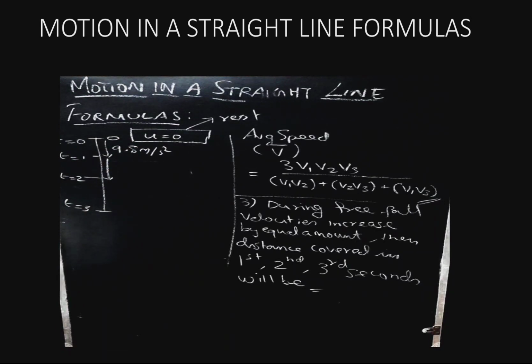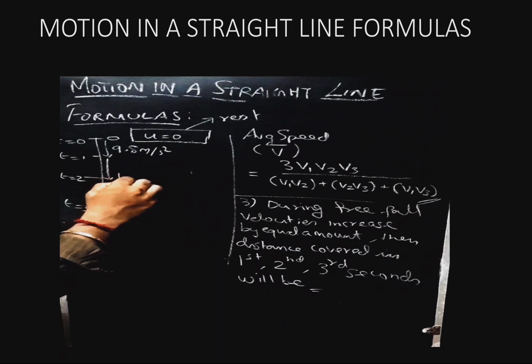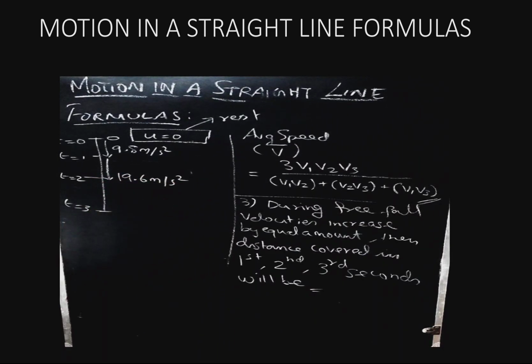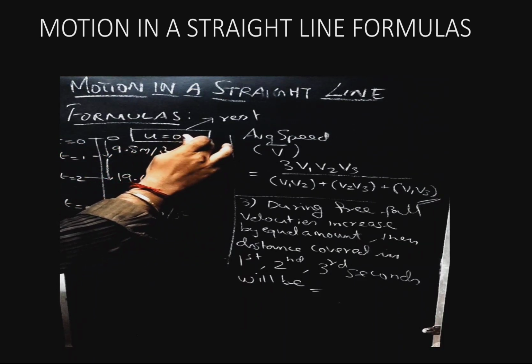So 0 to 1 it took 9.8, whereas from t1 to t2 it is 19.6. What could it be for the third one, t2 to t3? Yes, it is 24.5 meters. These relationships, if they are asked, you need not go and solve for this.